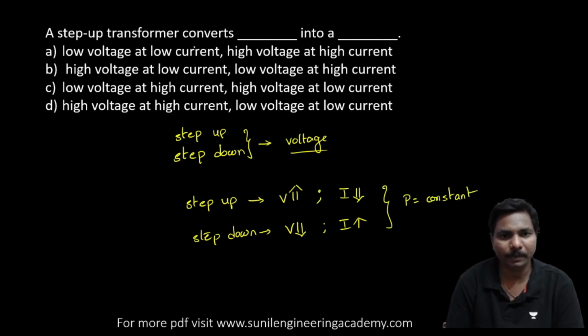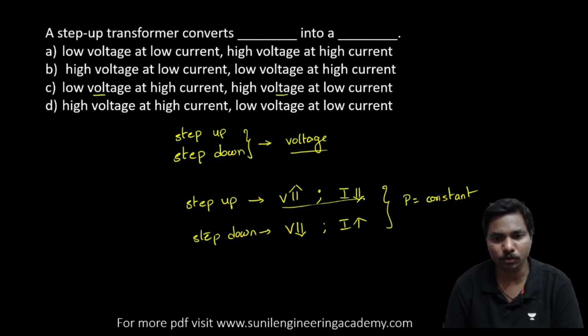So a step up transformer converts low voltage to high voltage, because here voltage increases. So low voltage at high current to high voltage at low current.